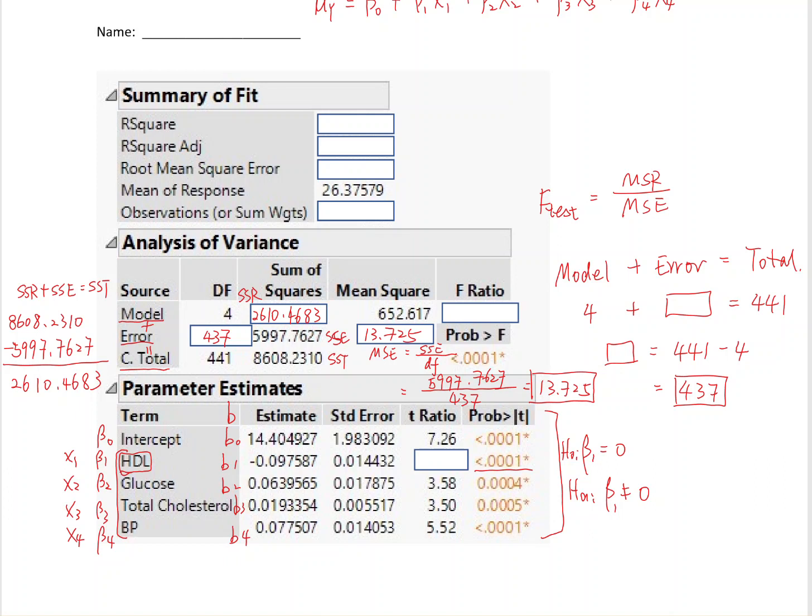So in this table it is easy to see the F ratio is just MSR divided by MSE, which is 652.617 divided by 13.725. If you calculate this, it equals 47.55.